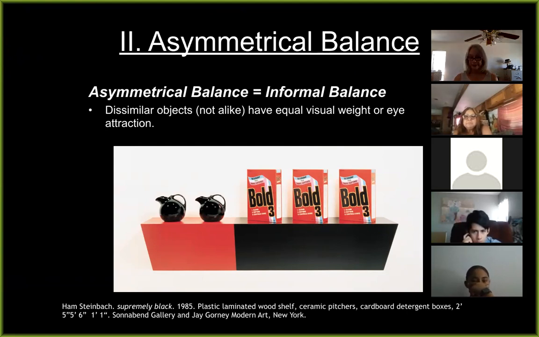The big red boxes are balanced by the solid black pictures because normally black attracts the eye and creates more of an impact. We'll see that again a little bit later.